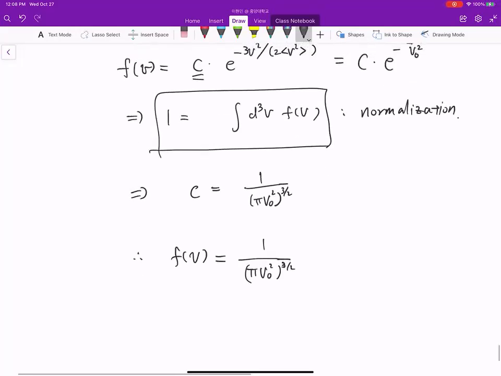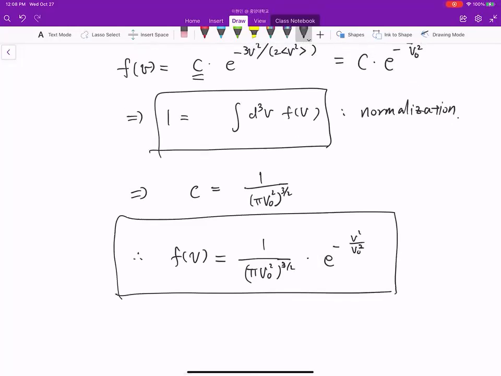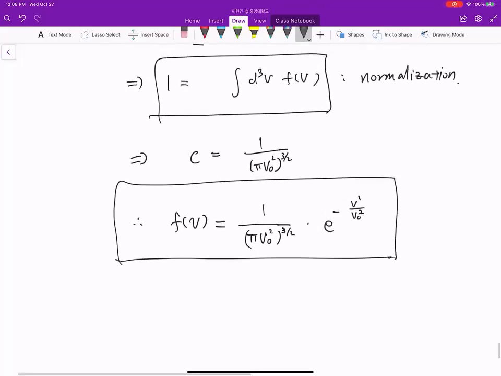So according to the Liouville theorem, you have determined the dark matter profile, the radial distance dependence, and also the velocity dependence at the same time.